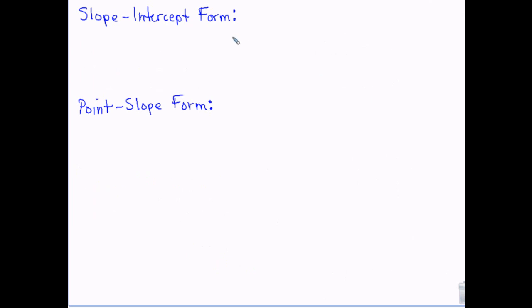Okay, so we have types of equations. The slope-intercept form is y equals mx plus b. M is the slope. B is the y-intercept, which is the point 0, y, whatever that is.